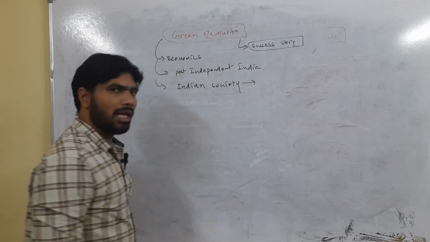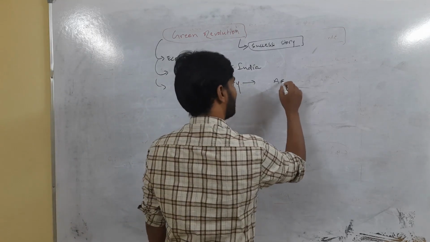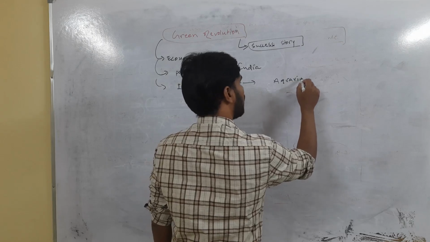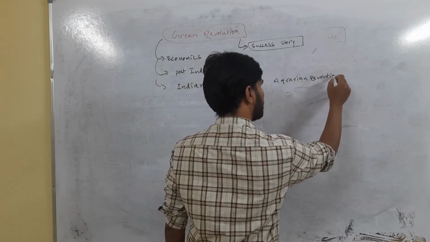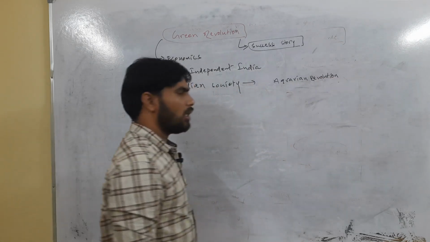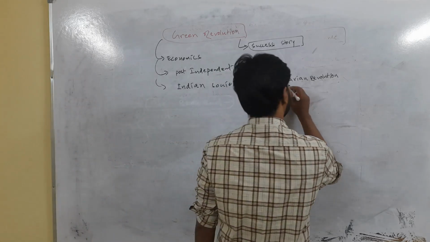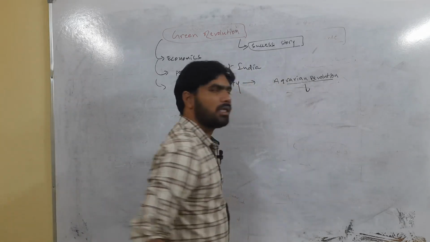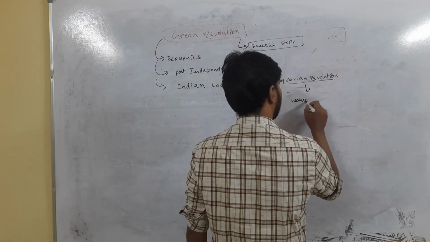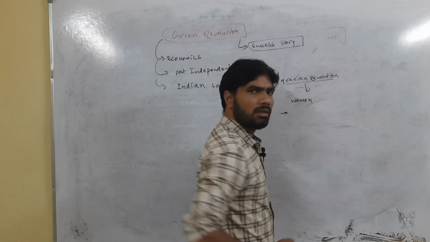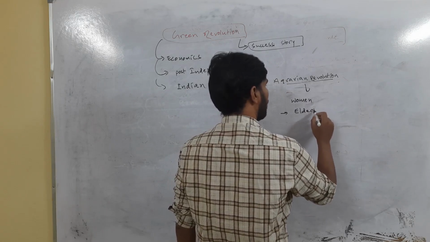How the Green Revolution has impacted Indian society. In sociology terms, it is also called the agrarian revolution. And how this agrarian revolution has impacted Indian society. What is the impact on women? Then what is the impact on, maybe, the elderly?